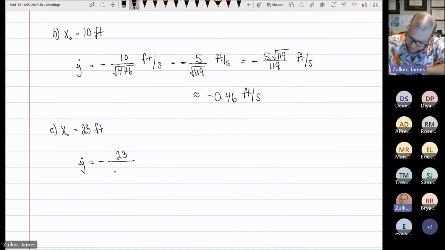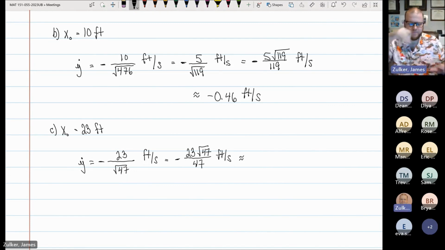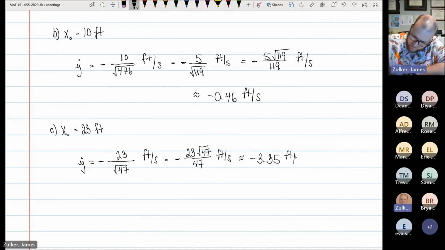We get the square root of 47. And so about negative 3.35 feet per second.